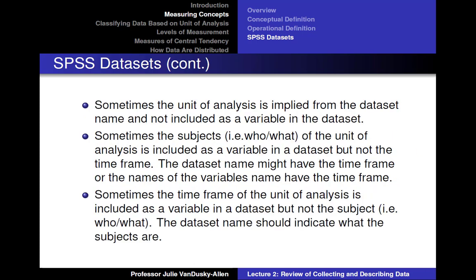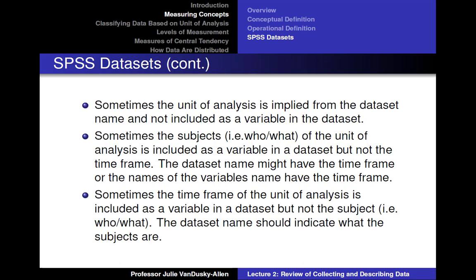Since there is variation in the structure of datasets, this makes it a bit difficult to figure out what a dataset's or variable in a dataset's unit of analysis is. As such, you can use these tips to help you figure it out. Sometimes the unit of analysis is implied from the dataset name and not included as a variable in the dataset. Sometimes the subjects, the who, the what of the unit of analysis is included as a variable in a dataset, but not the time frame.